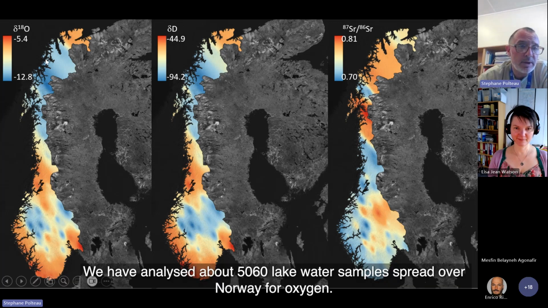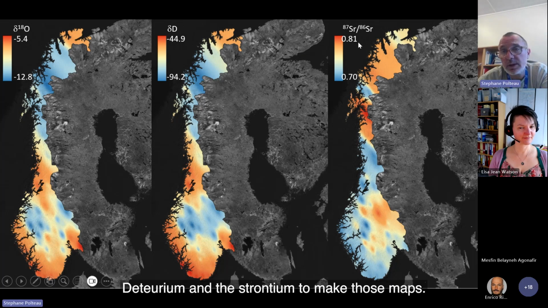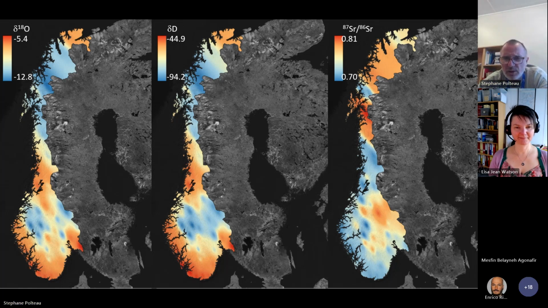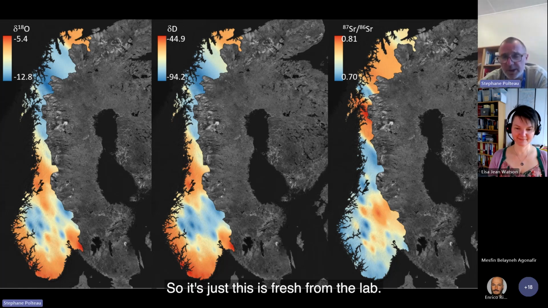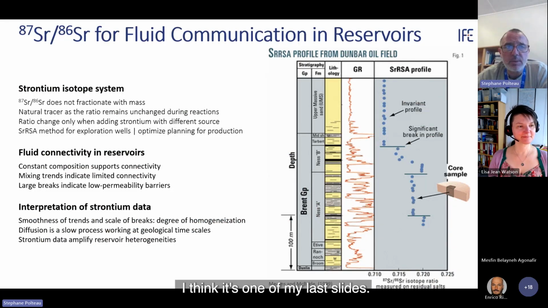And we have analyzed about 50, 60 lake water samples spread all over Norway for oxygen, deuterium, and strontium to make those maps, so that we can tie Viking remains to a particular location. So this is fresh from the lab. I think it's one of my last slides.